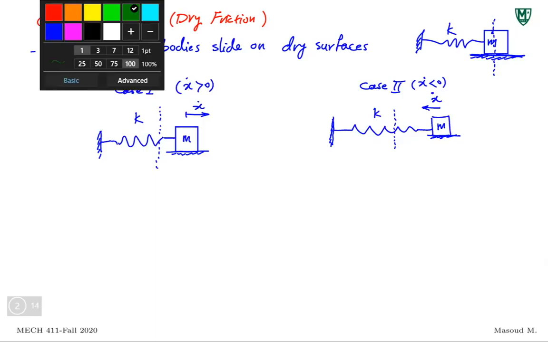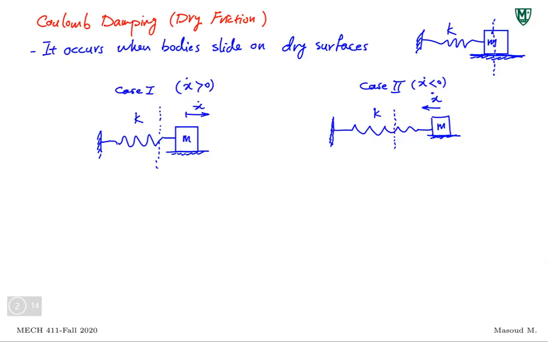So I do the whole finding of the equation of motion simultaneously for both of them, or at least try to make it simultaneous. If you look at the left one, case one, let me draw some line here.